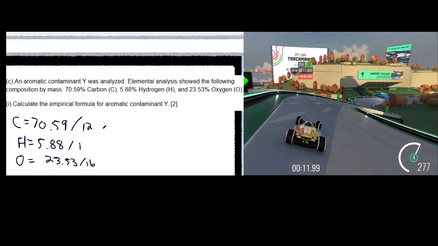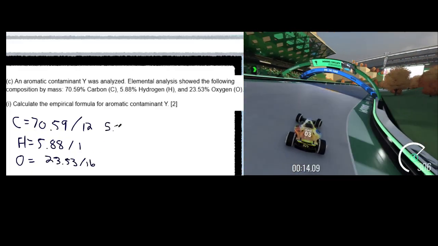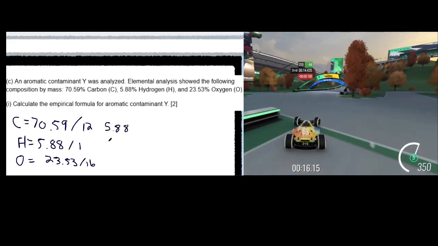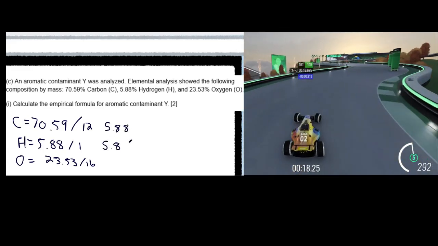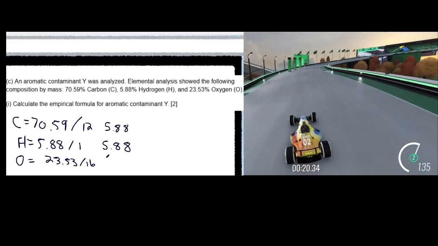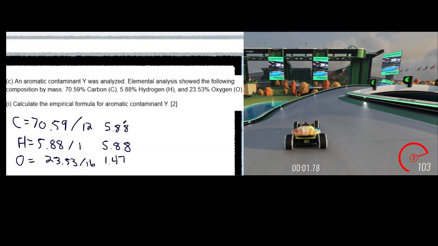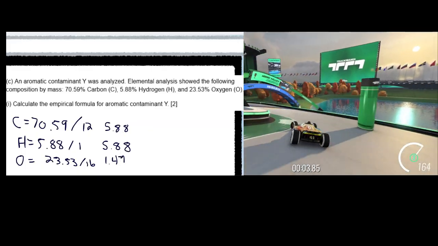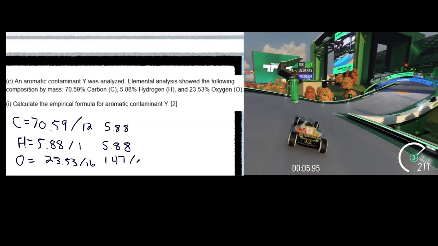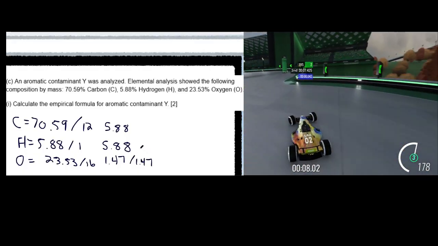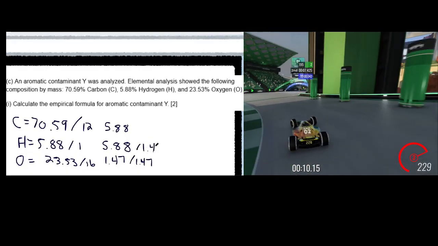When we divide the carbon by 12, we should get 5.88. When we divide the hydrogen, we also get 5.88. And then finally for the oxygen, we get 1.47. This is our ratio, this is how they come together. We're going to divide them each by the smallest one, so we're going to divide them all by 1.47.